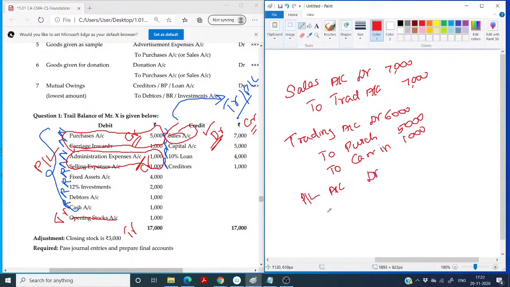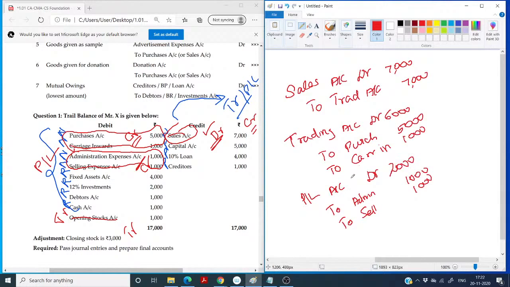In short, we can write that as P/L. To admin expenses, to selling expenses. The admin expenses here being 1,000 rupees and selling expenses also 1,000 rupees. I am going to debit 2,000 rupees in the profit and loss account.